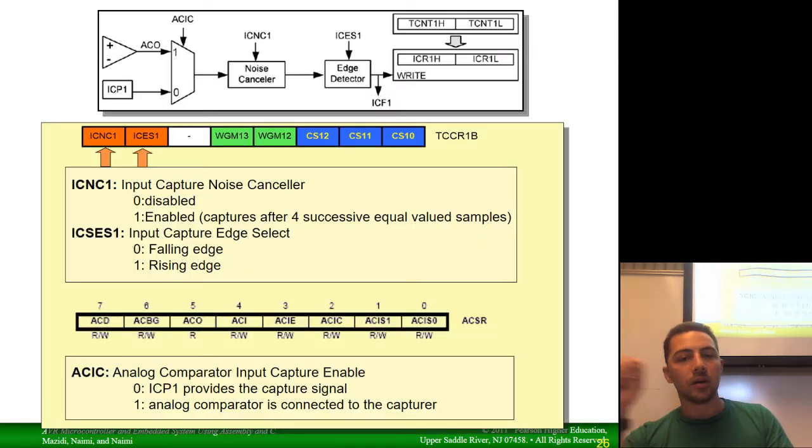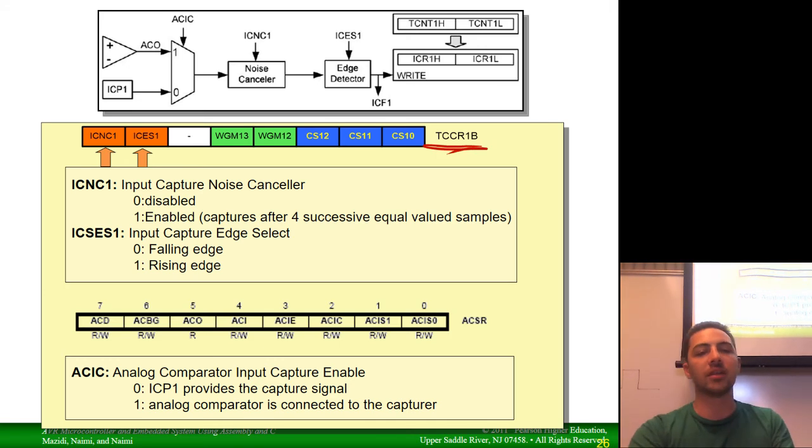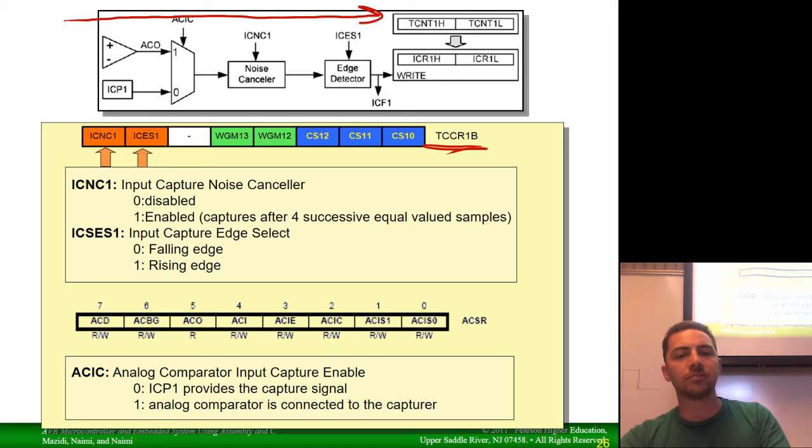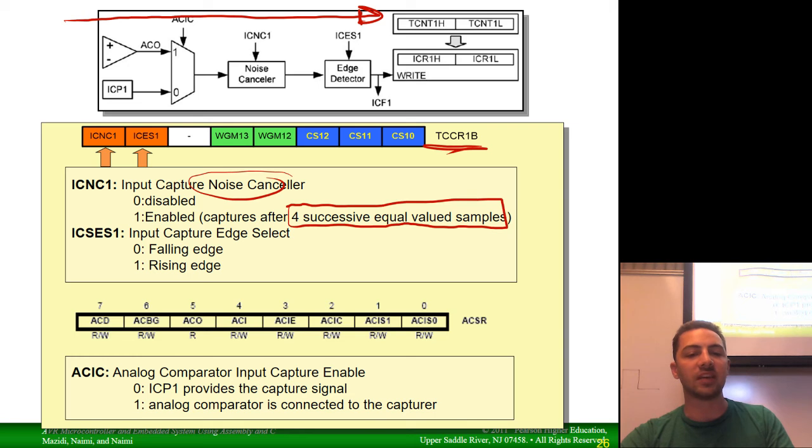Okay. So going back to timer 1, there are 2 bits that we have to deal with. Okay, this is our data chain, our data path, I should say. We have 2 bits here, depending on how we set them. We can either turn on or disable the noise canceller. It says 4 successive equally valued samples.